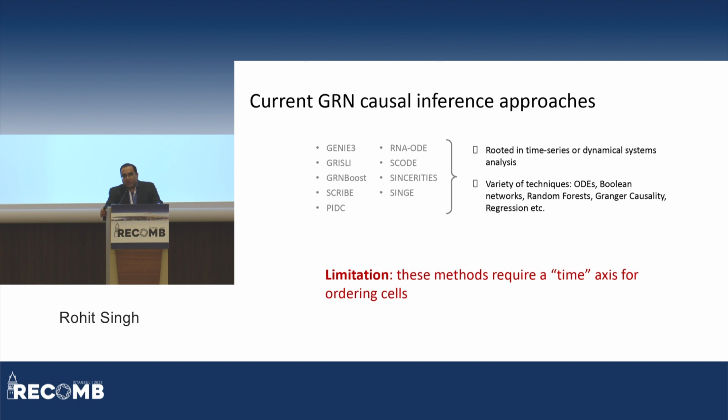But in one way, they're all very similar, which is that they all trace their roots to time series and dynamical systems analysis. And they all have this assumption that the observations you have can be lined up in some time axis on which you then perform your causal analysis. And that is a problematic assumption, because that is not supported by the previous step of inferring dynamics.